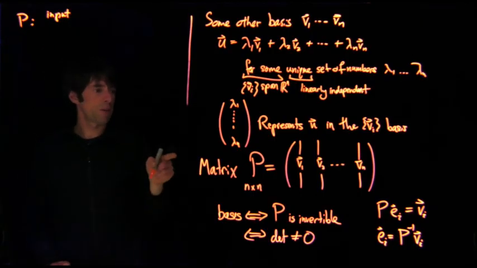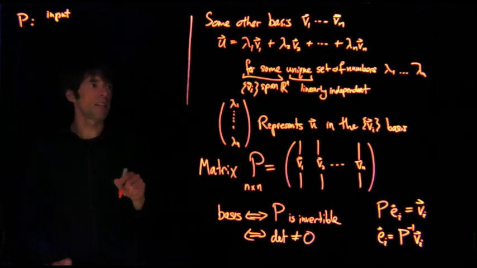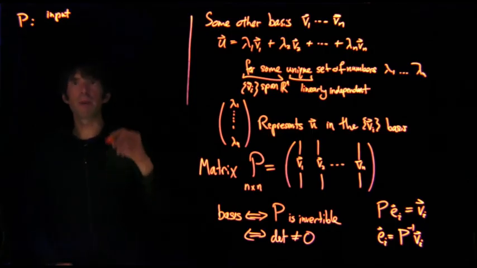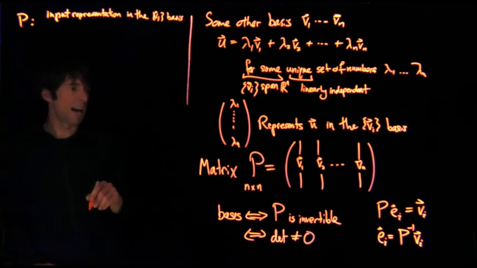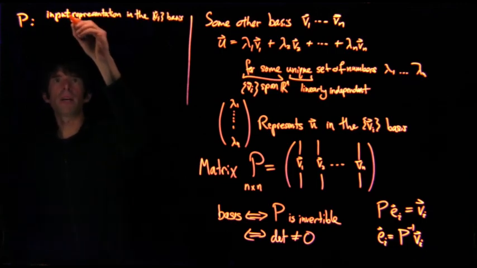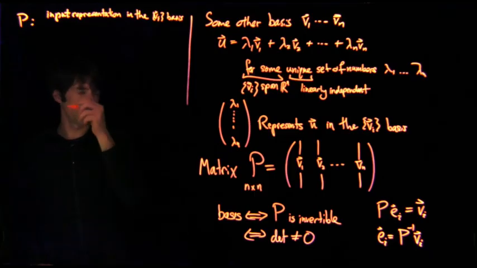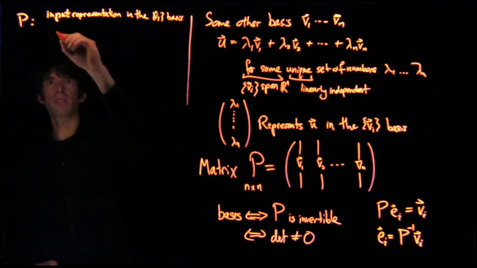Matrix P takes as input the representation of a vector in the v basis, and the output is going to be a representation of that same vector in the standard basis.